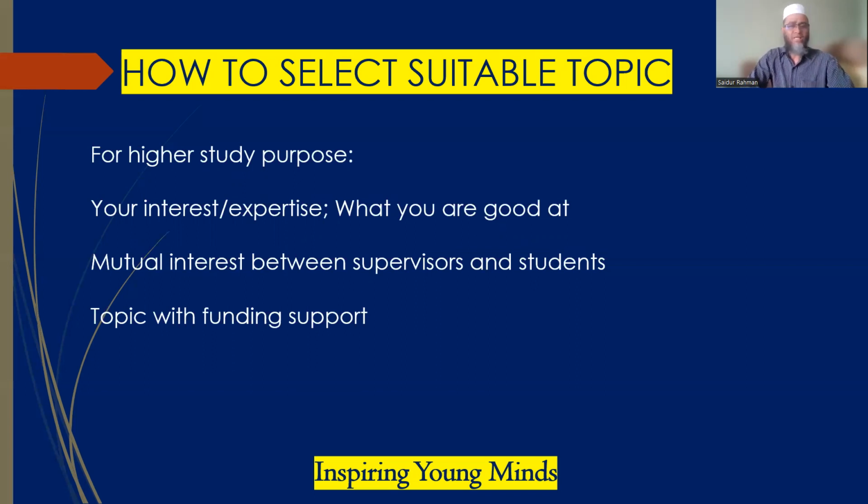First of all, it should be your interest, your expertise, meaning what you are good at. Specifically, if you are an undergraduate student, you have completed your first degree, for example 120 credit hours, 150 credit hours.